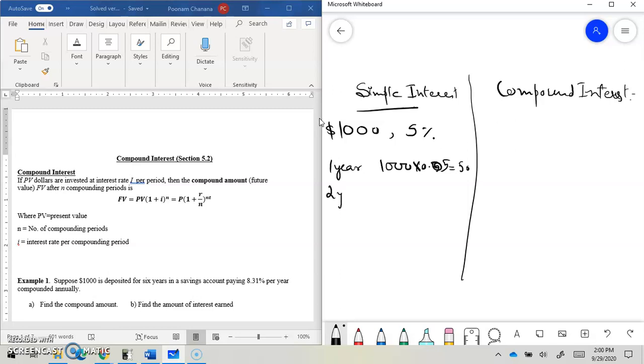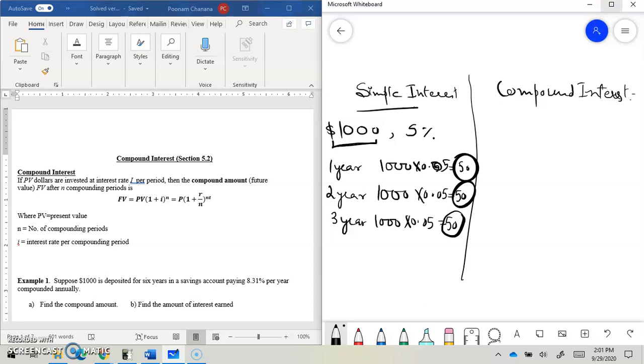At the end of the second year, how much will you get? Same principle, 1000 times 0.05, again $50. Third year, you will get 1000 times 0.05, again $50. So each year interest is only coming on the original investment.